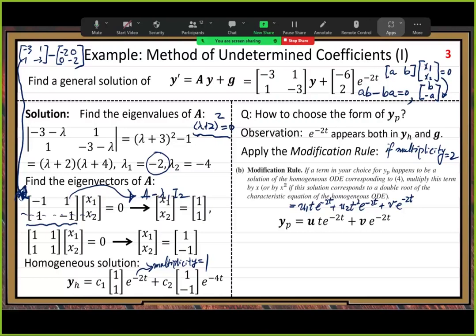Let me change this -2 to -3. If I make this change, then it does not appear anywhere in YH, so the whole thing is gone.